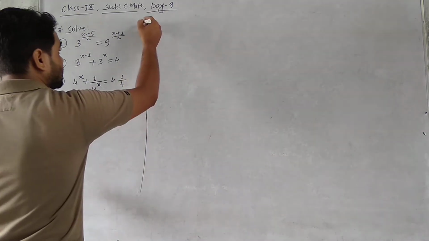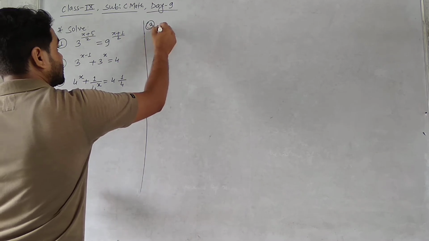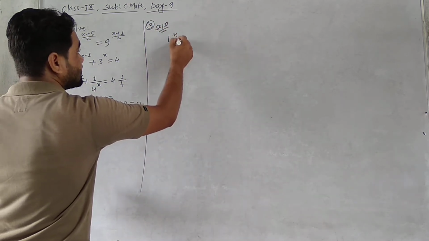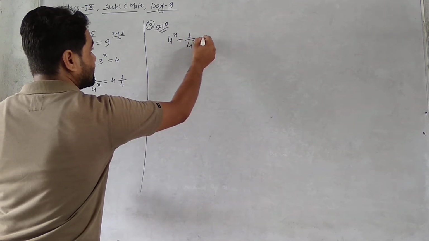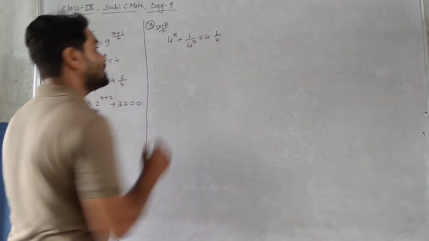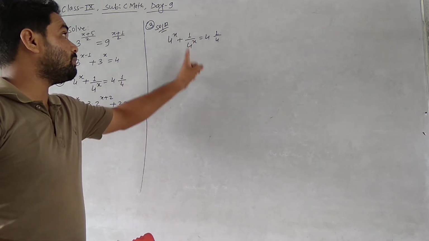If this type of question is asked in the exam, like the 3rd number, then the solution is like this: 4 power x plus 1 upon 4 power x equals to 4 1 upon 4. Look here, 4 power x plus 1 upon 4 power x.